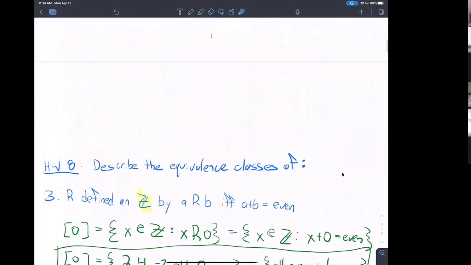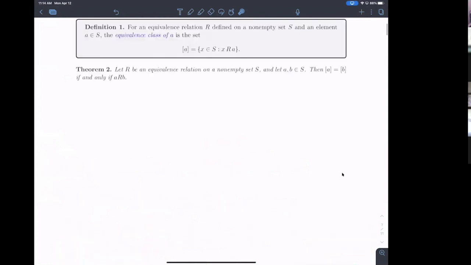Question for you. When you're trying to determine all of the equivalence classes of a relation, when you can prove that all of the equivalence classes make up a partition, does that prove that you've met all of the equivalence classes of that relation? Yes.